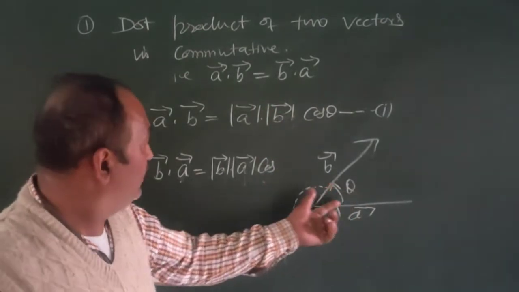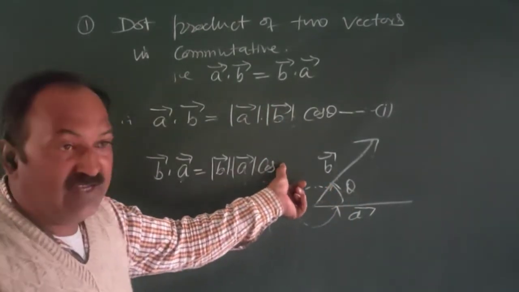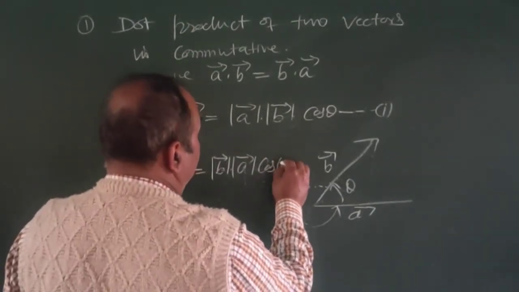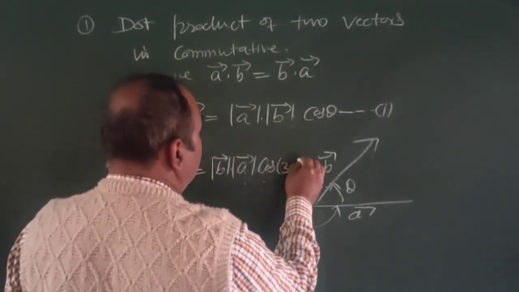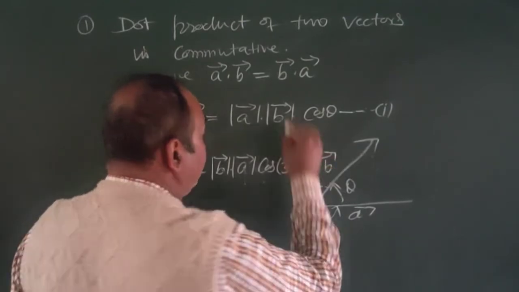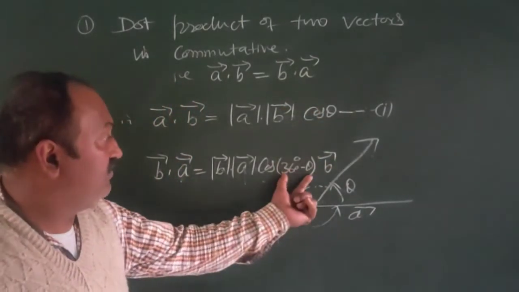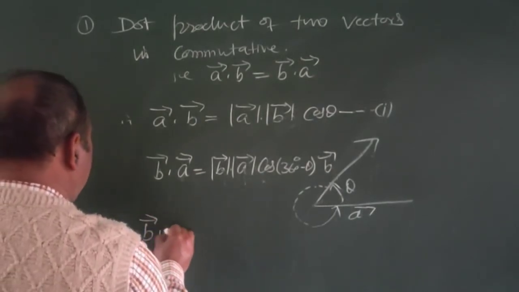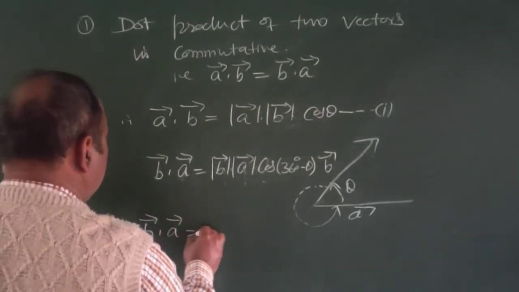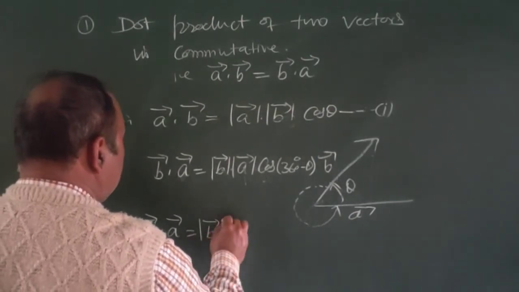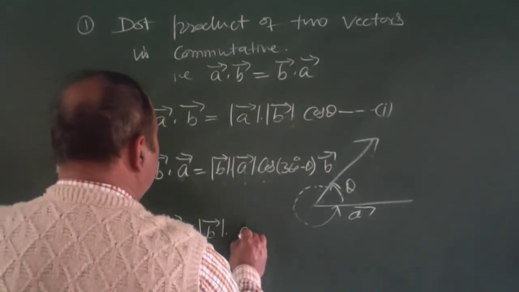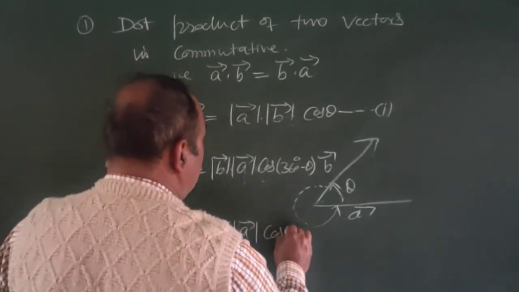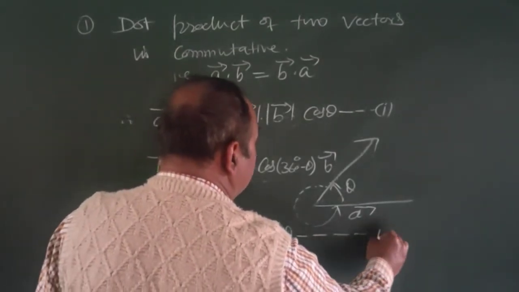We can write at the place of theta 360 minus theta or minus theta. 360 degree minus theta, and it is the fourth quadrant. Therefore, B vector dot A vector is equal to B vector magnitude into A vector magnitude into cos of theta. That is equation number 2.